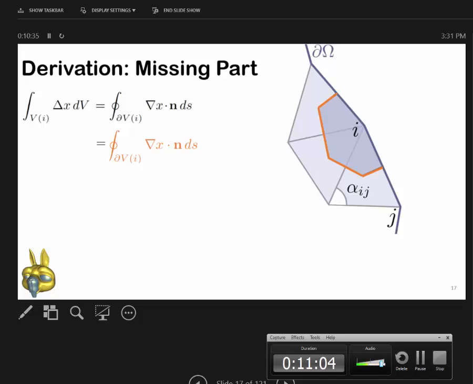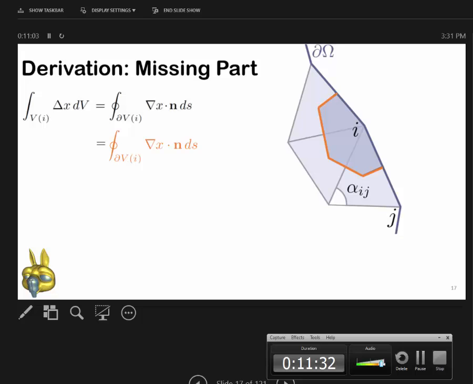The only difference is how we address the boundary. In case the edge ij is on the boundary, we use the same derivation, but this time, if we only consider the contribution from the interior boundary, which is marked in orange, we will arrive at the usual cotangent Laplacian that you see everywhere in geometry processing, if you only have this orange part.